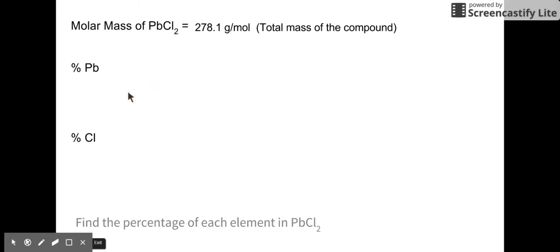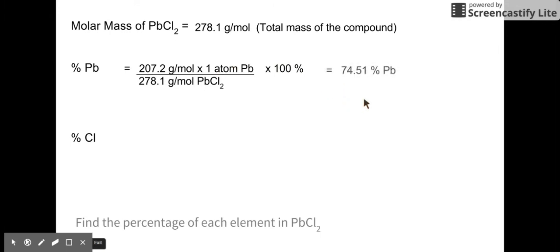Now I need to find the percent composition of each element in the compound. So let's start with lead. I know I have 1 lead, so I'm going to take the molar mass of lead on the periodic table, 207.2 grams per mole. Because I only have 1 atom of lead, I multiply that by 1, and then divide it by the total mass of the compound. Afterwards, I'll multiply what I got by 100, and I get 74.51% lead.